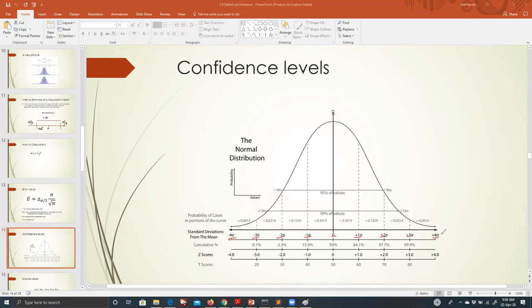Yes. Okay. Now some people might be worried about this cumulative. Cumulative is the area from negative infinity till, let's say, 3 sigma. So the area calculation starts from negative infinity. Till here, see this value 0.1%.